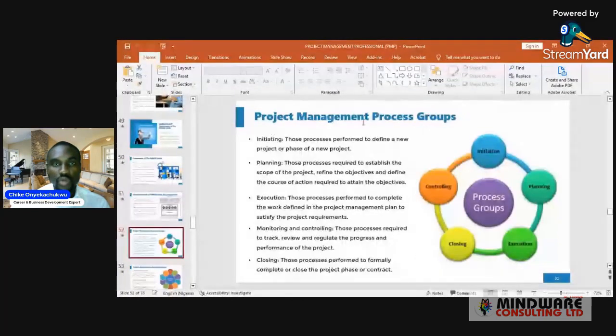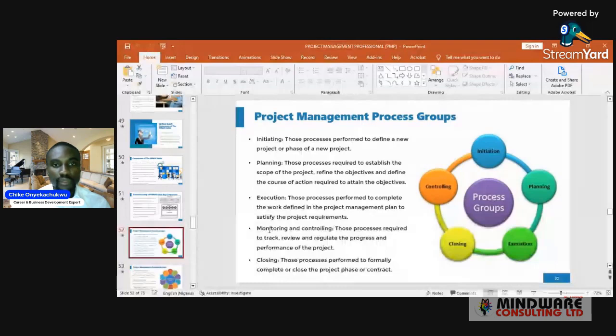This was where we stopped in our last class, where we looked into the 5 project management process groups, which are very key. Every other thing comes under these 5 process groups: the initiating process group, the planning process group, the execution, the monitoring and control, and the closing process group.